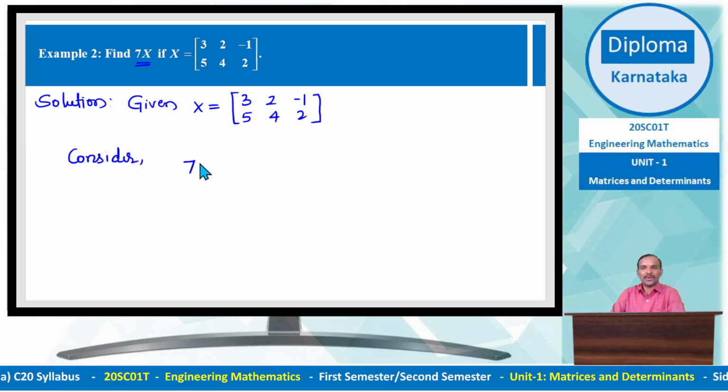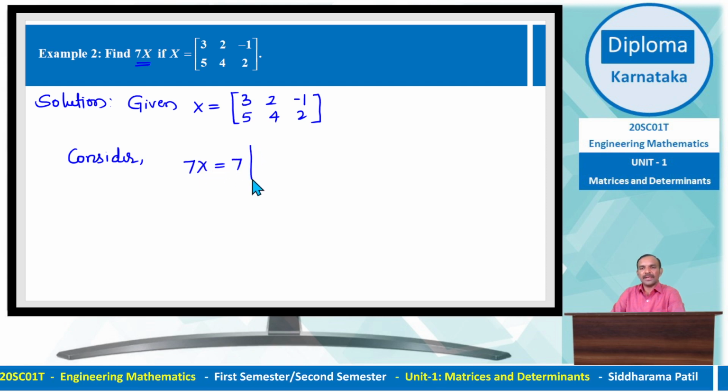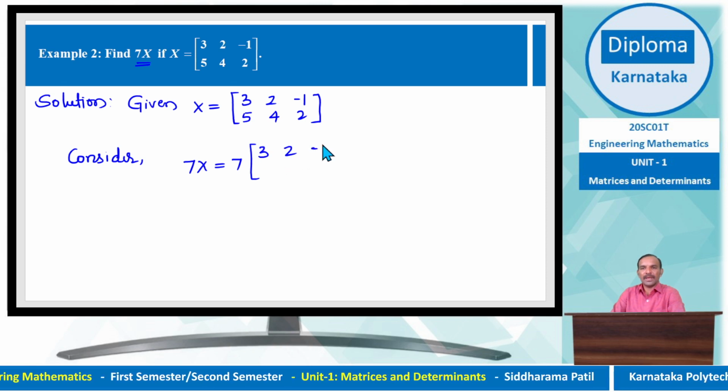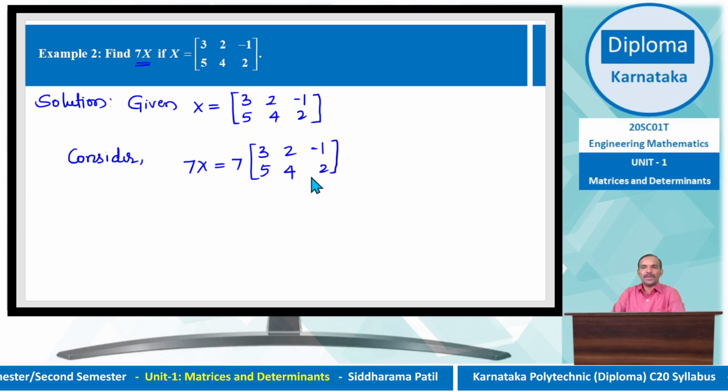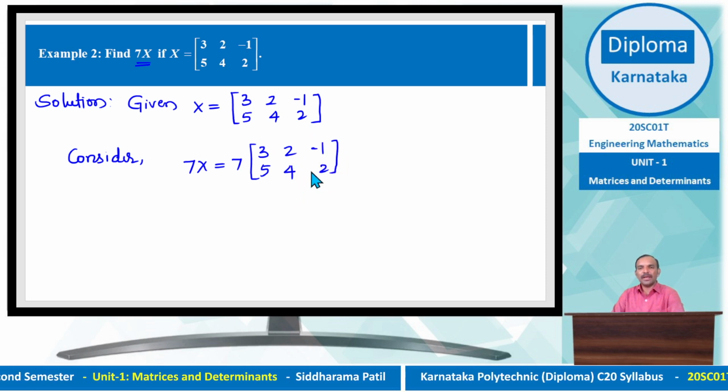Now consider 7x equal to 7, as it is, you have to write x. What is x? 3, 2, minus 1, 5, 4, 2. Now you have to multiply all elements by 7.